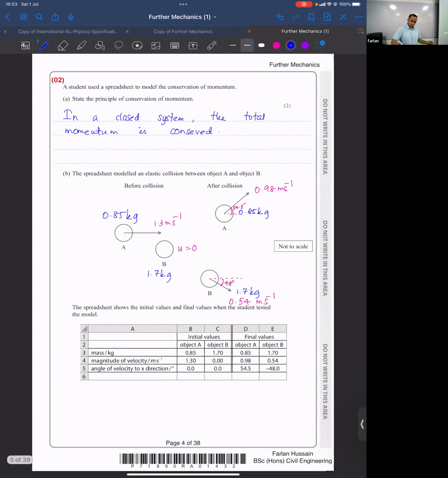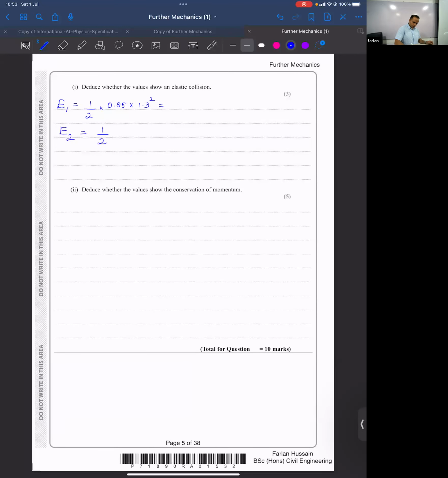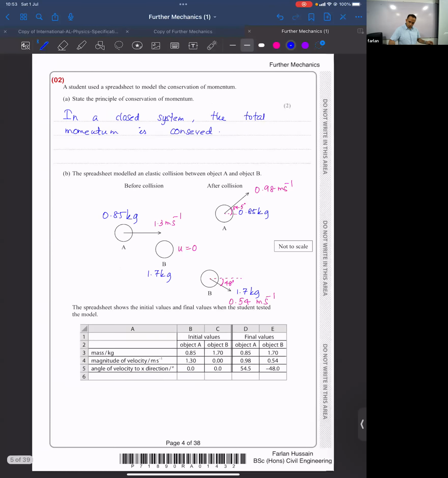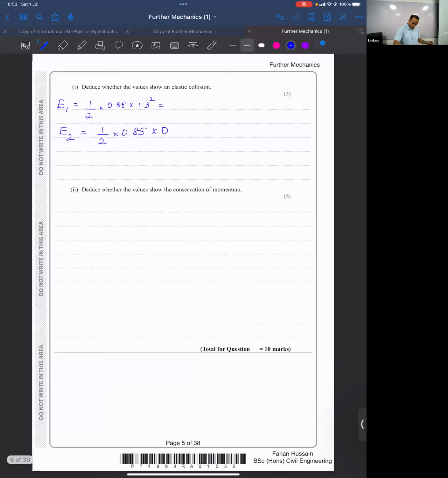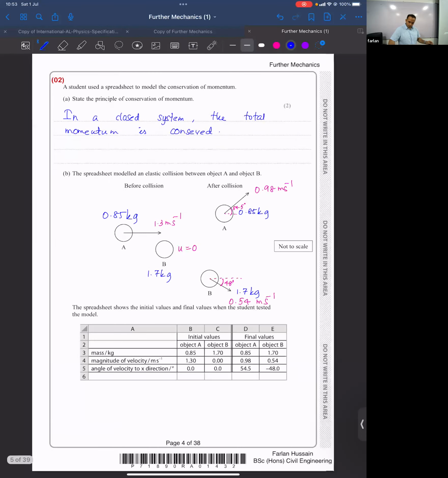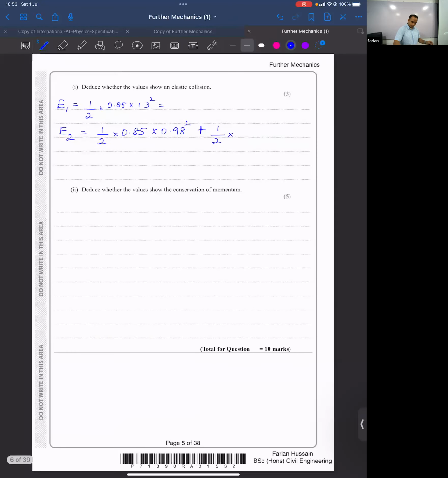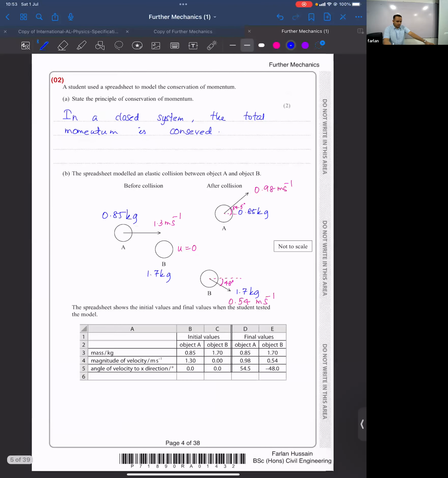So half into 0.85 into 0.98 squared, plus half into 1.7 into 0.54 squared.